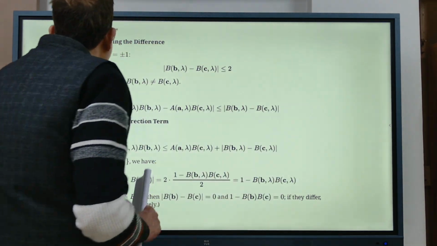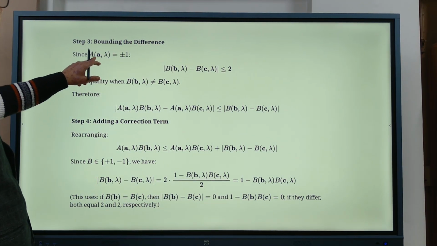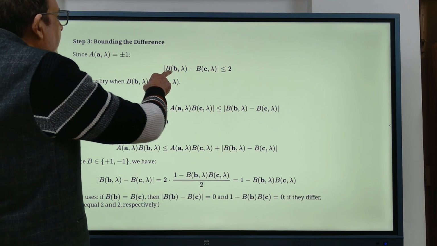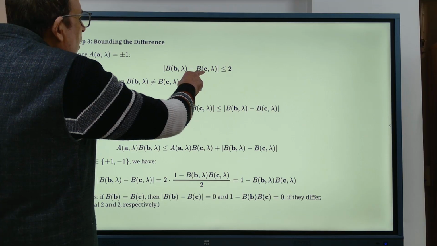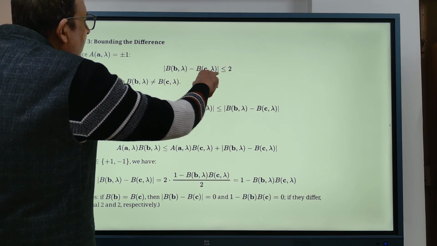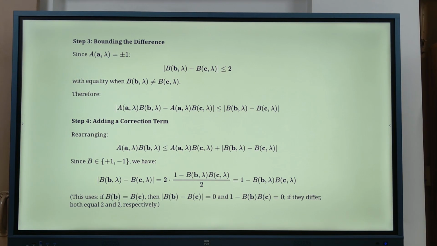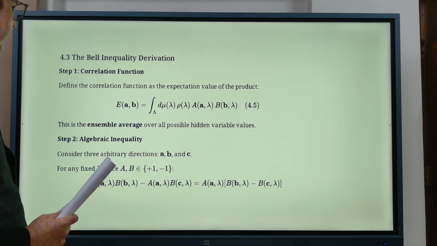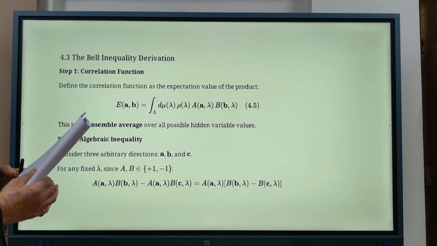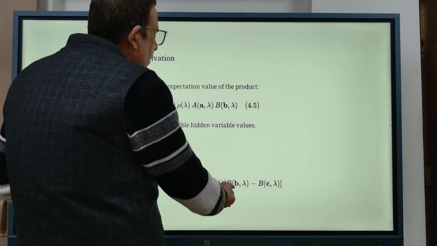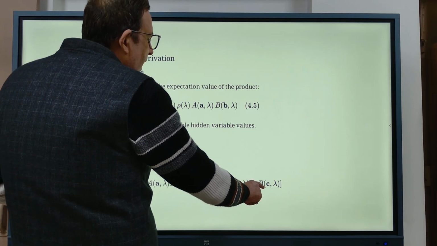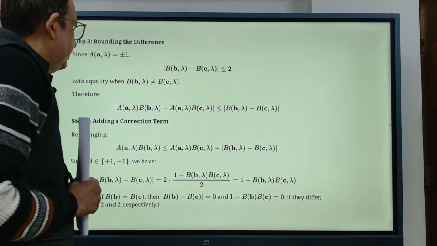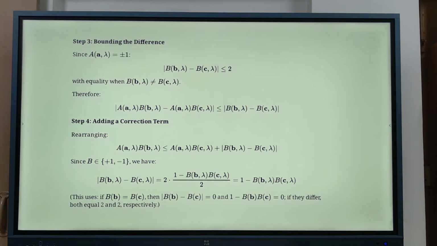Now, since A along direction A is either plus 1 or minus 1, you can conclude that the absolute value of B along direction B minus B along direction C is less than or equal to 2. From this equation, you can get this identity.